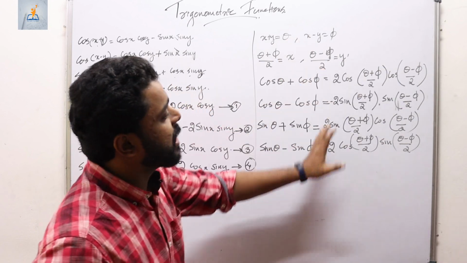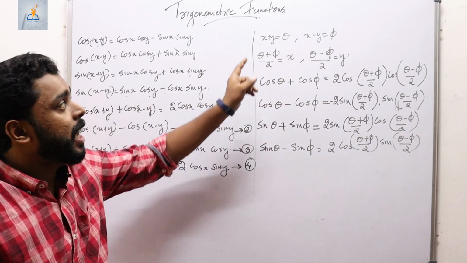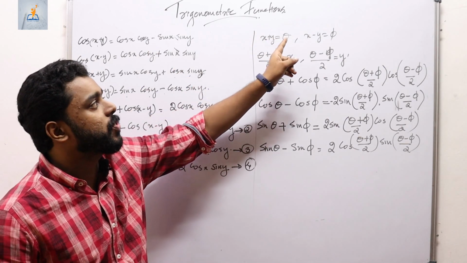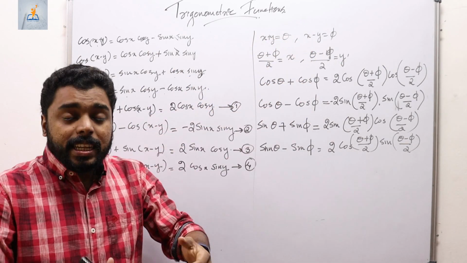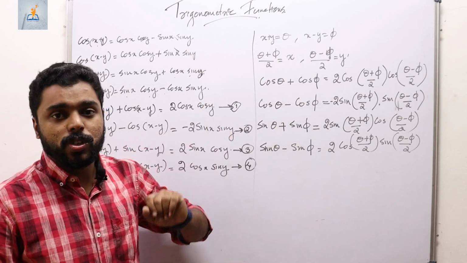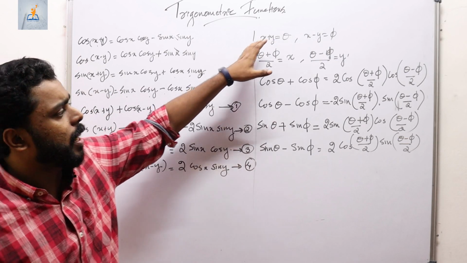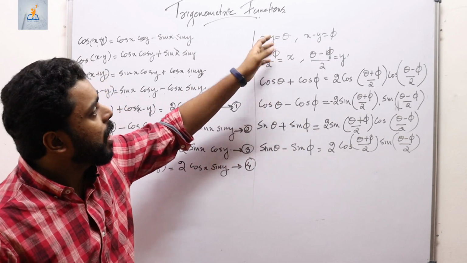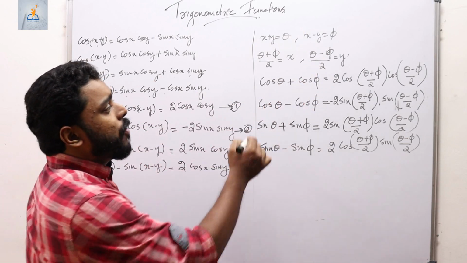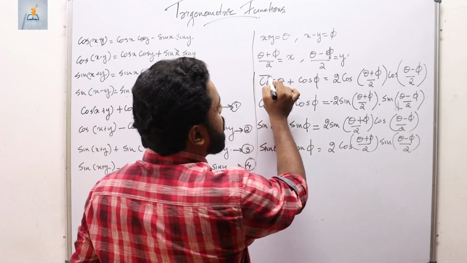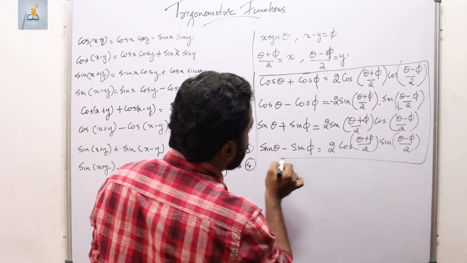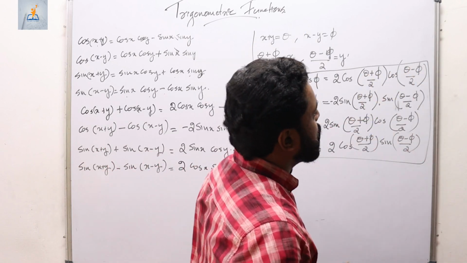So we derived several conditions where x and y were the first variables and we resubstituted those variables with theta and phi, isn't it? Since theta and phi can be any variable according to the choosing of x and y, let us consider the same. So we have cos theta plus cos phi equal to 2 cos (theta plus phi)/2 cos (theta minus phi)/2.